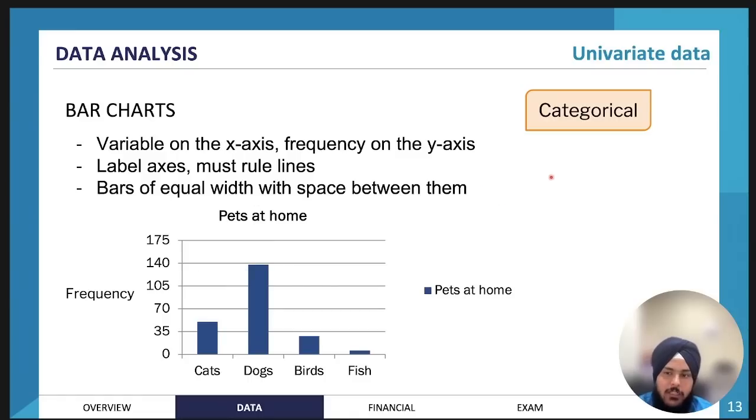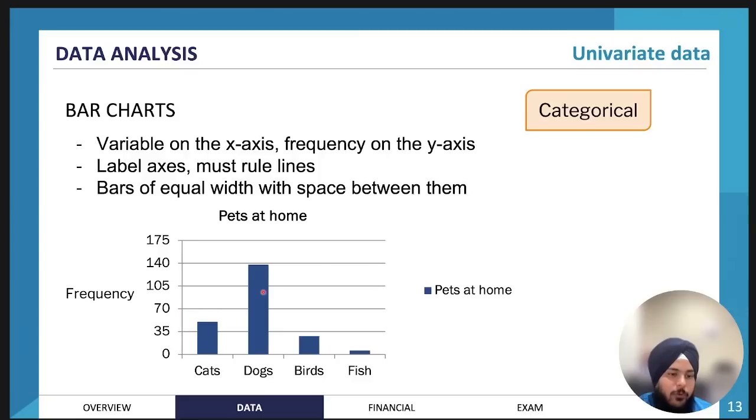We'll be looking at a different type of graph, which is called a histogram, which sort of looks like a bar chart, but there are no spaces. So it's really important to have spaces in between for a bar chart. If we just quickly look at this particular bar graph that we have here, it denotes the number of pets that people have at home.